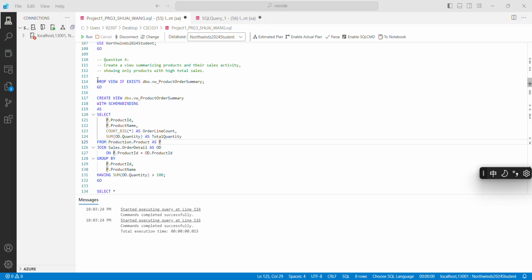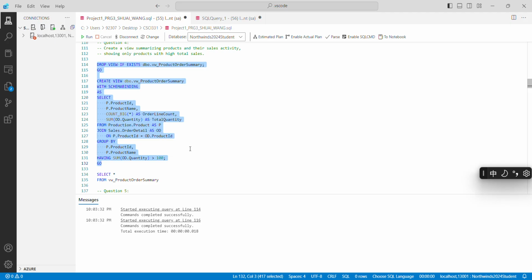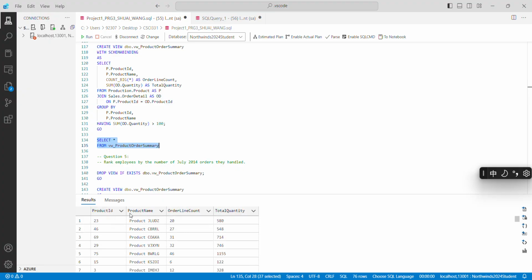Okay, I have fixed it. Let's do it. Yeah, the view has been created. Let's see what it looks like. Product ID, product name, order line count, total quantity.